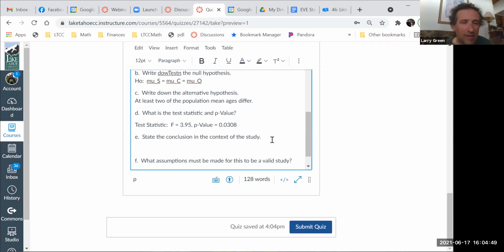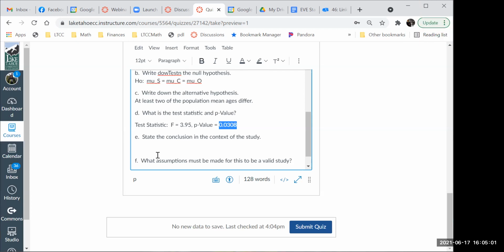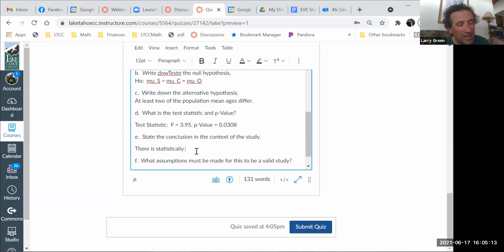All right, now we need to state the conclusion. What are the first few words of the conclusion, given the fact that we have a p-value of 0.0308? There is statistically... What's the next word? It's really important.